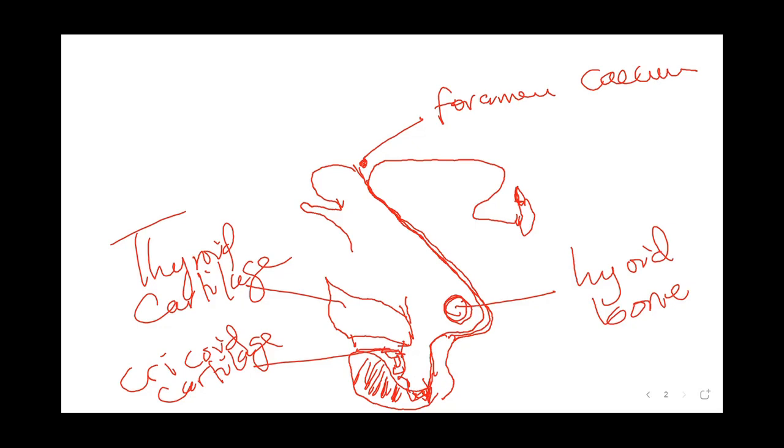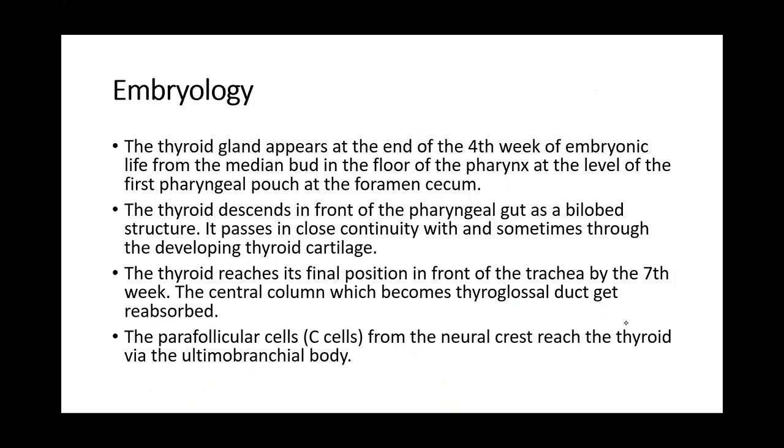So the thyroid descends in front of the pharyngeal gut as a bilobed structure. It passes in close continuity with and sometimes through the developing thyroid cartilage. The thyroid reaches its final position in front of the trachea by the 7th week.